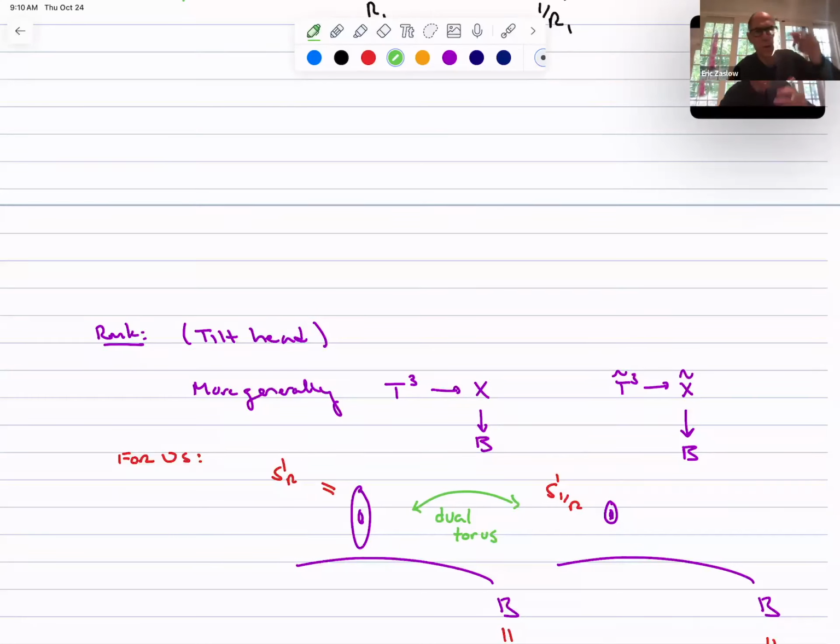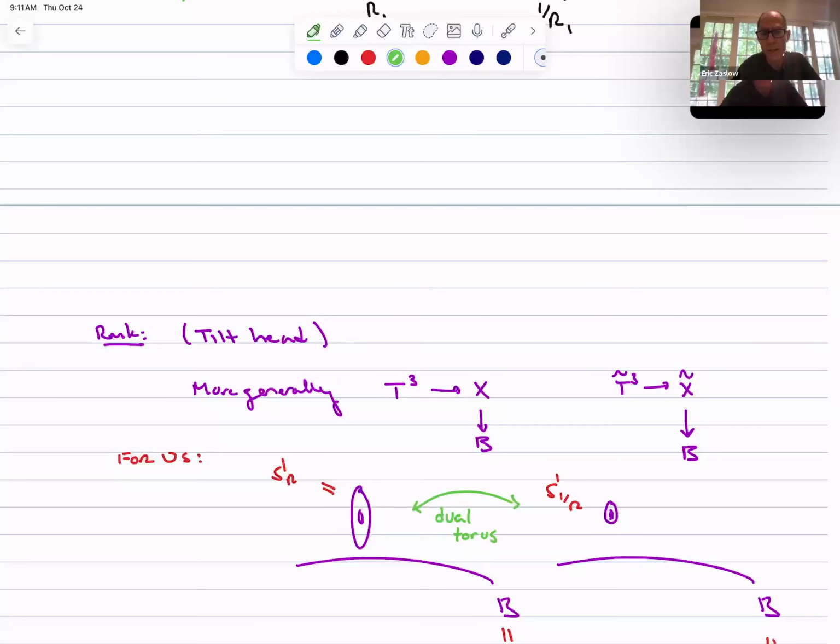So if there's just a circle, you have to specify, if you go around the circle, maybe you have some phase change described by some monodromy in U1. And so that gives you a dual circle, the possible elements of U1 that you get that way. So U1 is also a circle, and you get the dual circle.